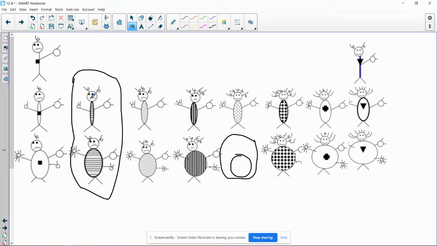They'd have either the same frown or smile. They have the same pattern on the body. They don't have the same body size, but they have the same pattern. And you could say they have the same number of fingers on the top left hand. So those are all things that columns share.